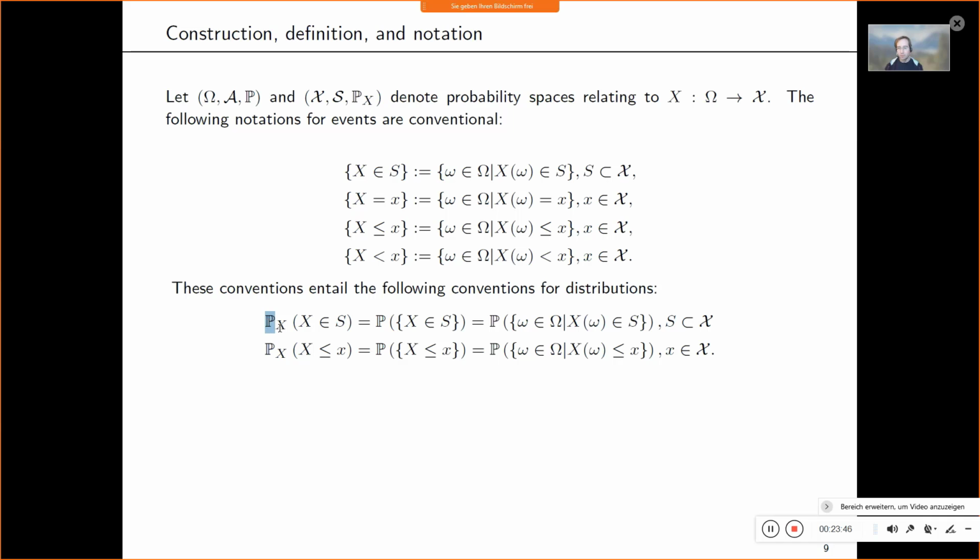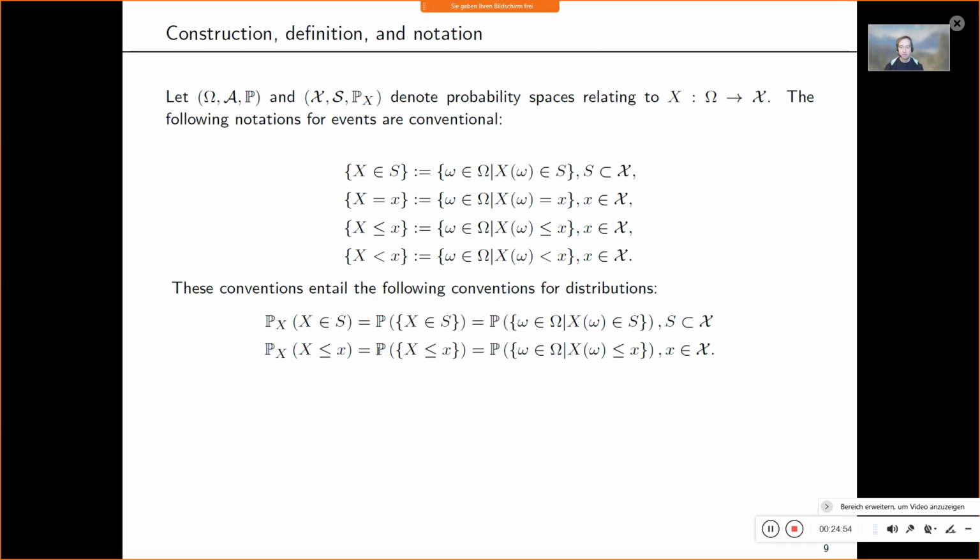So if you have here a probability distribution, which is denoted by P_X, and you refer to the event that X is in S, which you can also write without these curly brackets, what this refers to is the underlying probability, so that's why the X is missing here, of the pre-image of this event, which are the small omega in big omega for which X of omega is mapped onto an element in S. So if you see a random variable takes on a value smaller than x, what this is supposed to mean is that you talk about the probability under the probability distribution P_X that a random variable takes on a value equal or smaller than x.